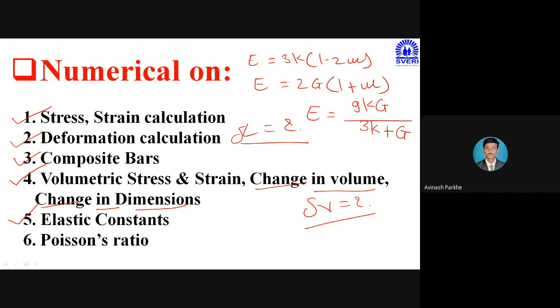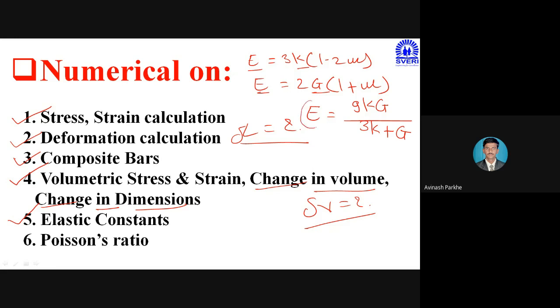In the first one, E is equal to 3K (1 minus 2 mu), two elastic constants are there, E and K. This first formula represents the relation between Young's modulus E and bulk modulus K. Then in the second, one elastic constant E is there and another elastic constant G is there. That means the second formula represents the relation between Young's modulus E and modulus of rigidity G. And the third formula includes all the elastic constants.